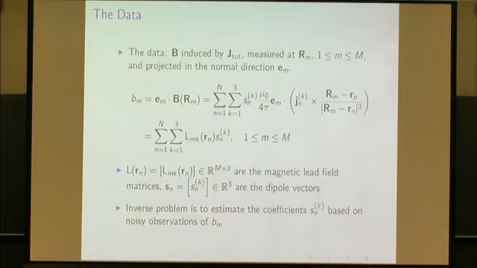So here we go. I plug those dipoles into the Biot-Savart law, and my integral becomes a sum, with point evaluations of the kernel, which is here, and you have the basis vectors. We are measuring, in this explanation, only the normal component of the magnetic field.